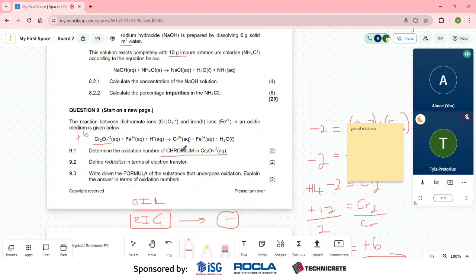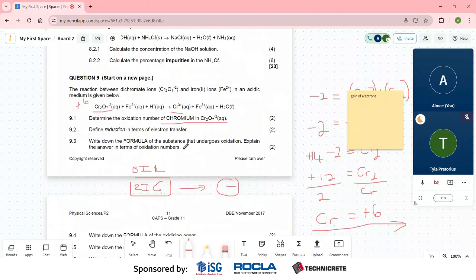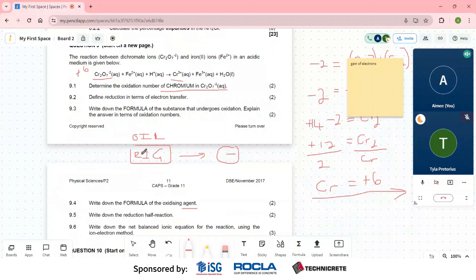And we can see that on the other side of the formula, it becomes Cr3 positive. This means that chromium has gained electrons because it has become less positive. It used to be positive 6, now it's positive 3. So it's obviously gained electrons to make it less positive. A gain of electrons is reduction, okay? And reduction is associated with the oxidizing agent, okay?